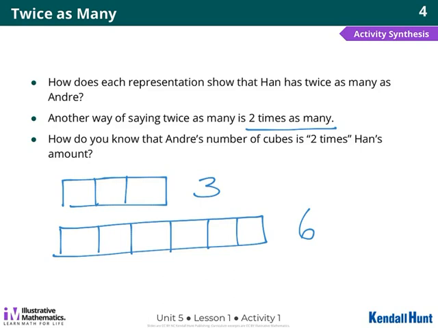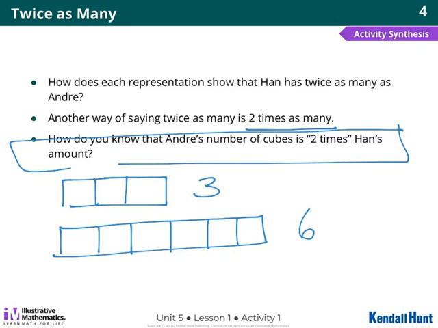Wait, Miss Russell, I don't know if this is a typo, but do you have this last question on the synthesis? How do you know that Andre's number of cubes is 2 times Han's? But Andre has less, so how could his be 2 times Han's? Maybe it's Andre's number. I did 2 times. Okay. This is just the first activity.